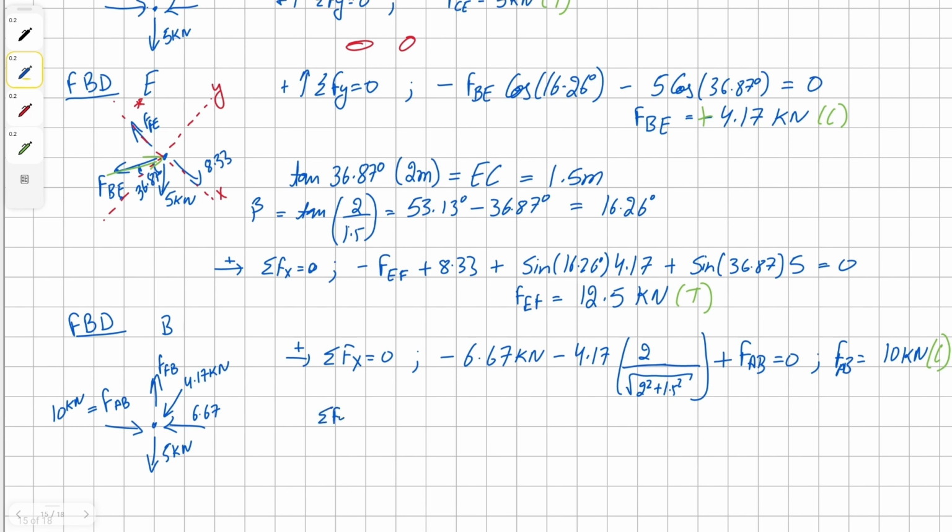Now we can sum the forces in vertical direction in order to find the value for member FB, which is simply negative external force of 5 kilonewton plus force in member FB and the vertical component of member BE, all equals to 0. From this equation, we get our solution as negative 5.43 kilonewton. This means we assumed our vector in the wrong direction.